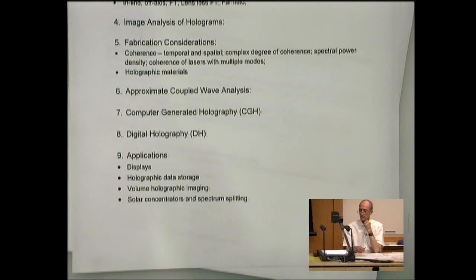Of course, when you're recording an interference pattern, you need to have some degree of coherence in the optical system. If you're making just a general hologram, you'd like to have that coherence length very large. If you have a larger coherence length, that means you can be pretty sloppy in your setup and still get by making a hologram.